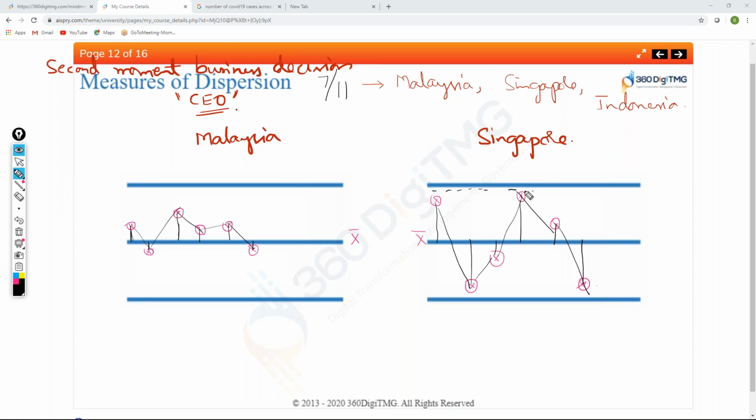There is huge dispersion. Here, the dispersion is less. And here there is huge dispersion.